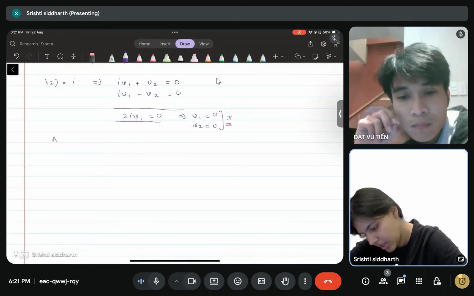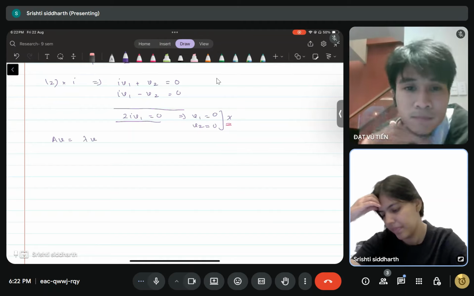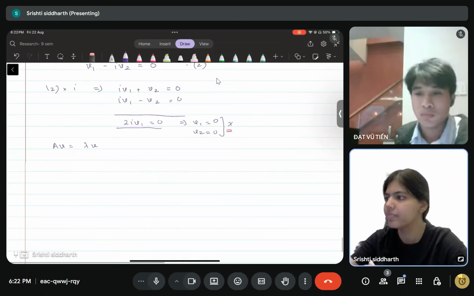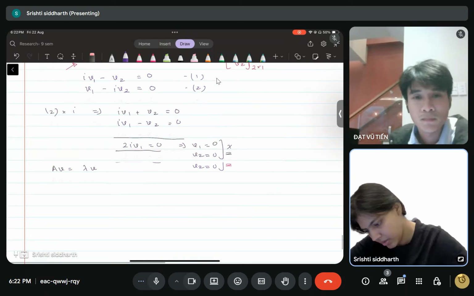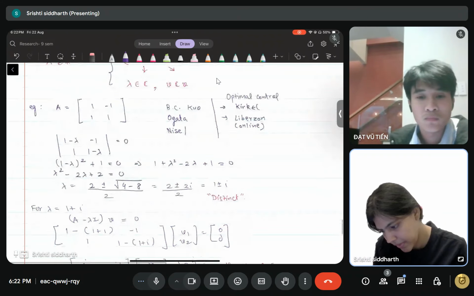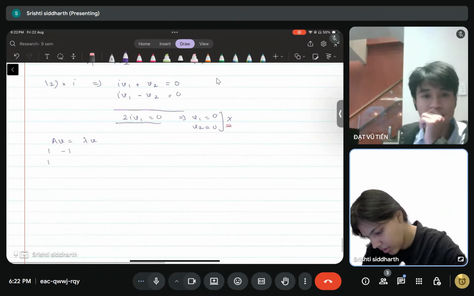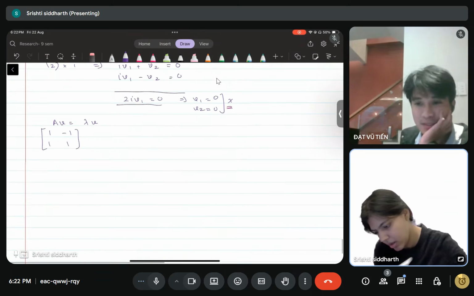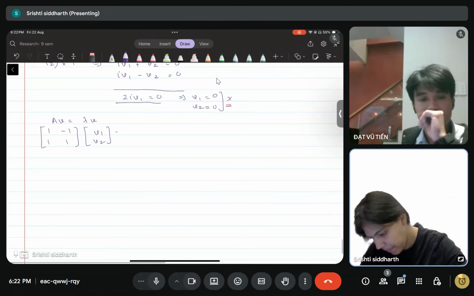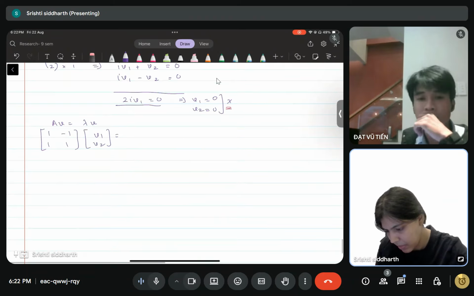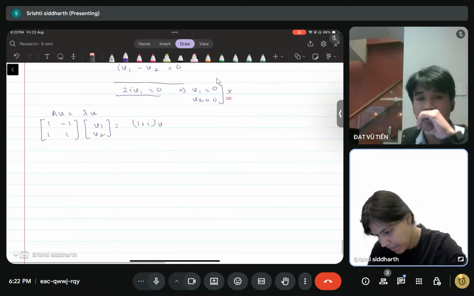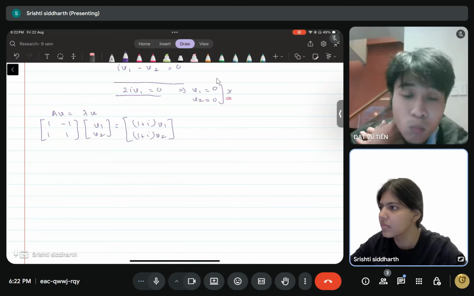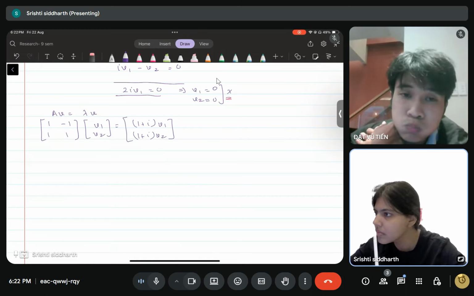The basic definition is Av equals lambda v, right? It's the same equation.